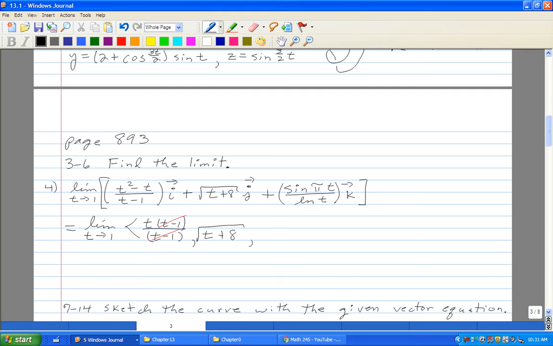Well, let's use L'Hopital's rule. So this is a 0 over 0 form as t approaches 1. And so I can use L'Hopital's rule. The derivative of sine pi t is pi cosine pi t. The derivative of ln t is 1 over t.